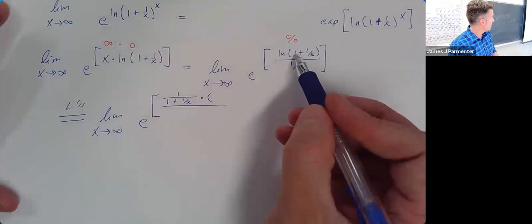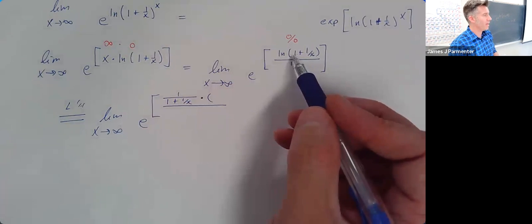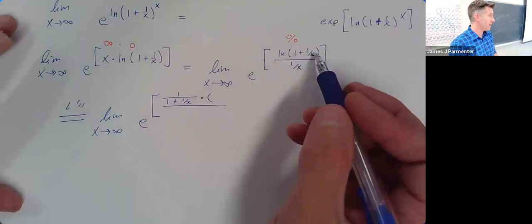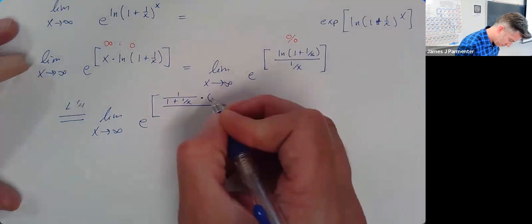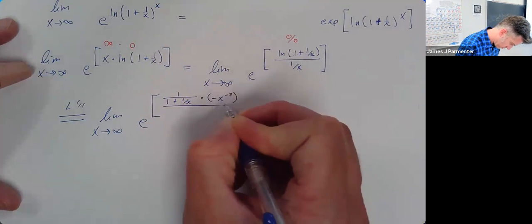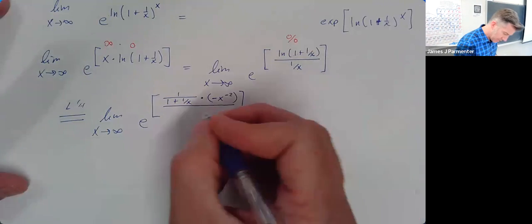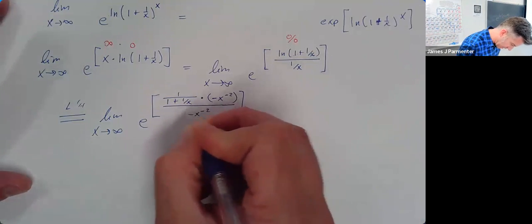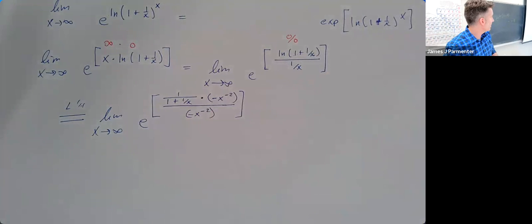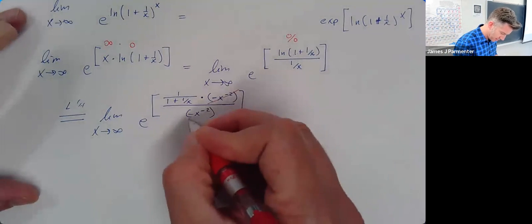The derivative of 1 is 0, and the derivative of 1 over x is negative x to the negative second. And on the bottom, the derivative of 1 over x, again, is negative x to the negative second. And just like in the problem we did a couple times ago, those cancel out really nicely.